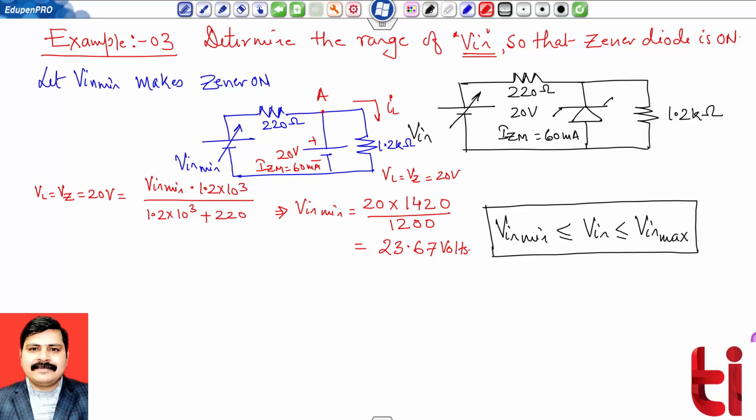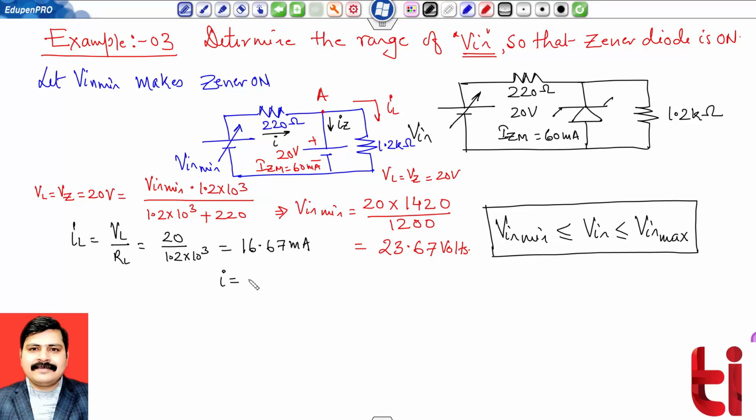Now let us calculate the value of IL. IL equals VL divided by RL, and it is 20 divided by 1.2 into 10 raised to power 3. So it is 16.67 milliampere.